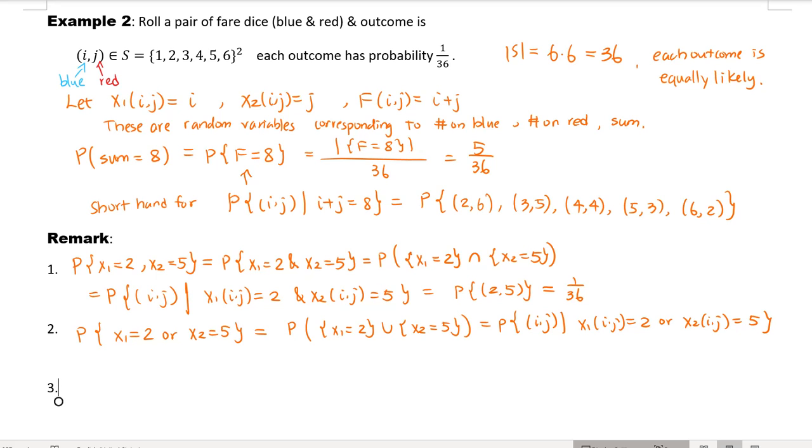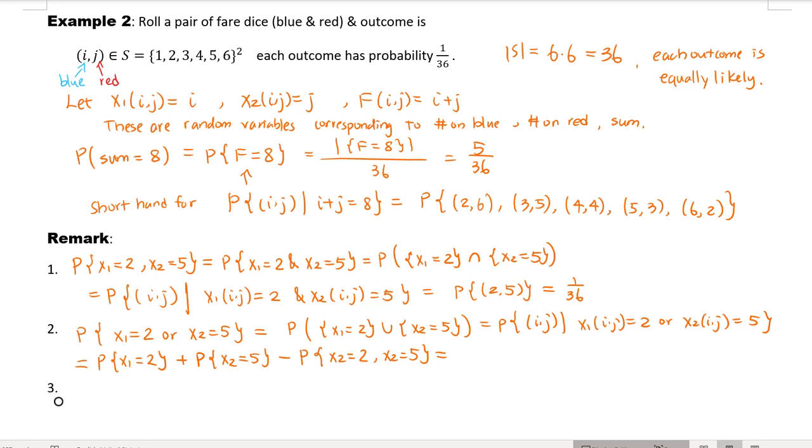Remember this is like or, so we can use the general addition rule. So this is P of x1 equals 2 plus P of x2 equals 5 minus P of x1 equals 2 and x2 equals 5.